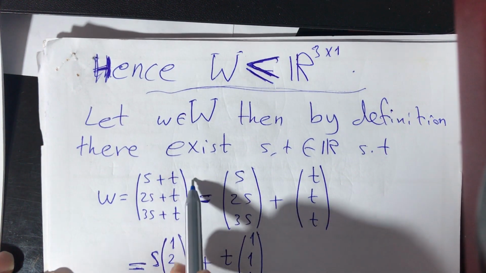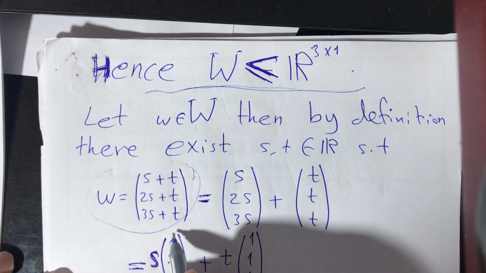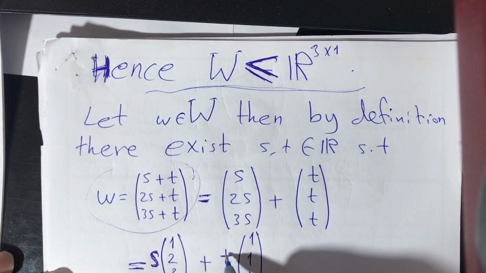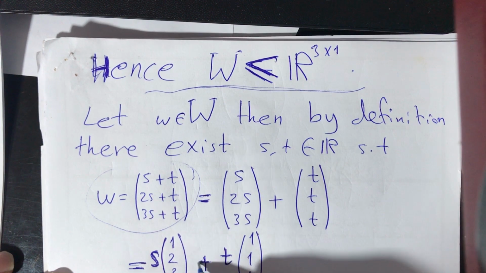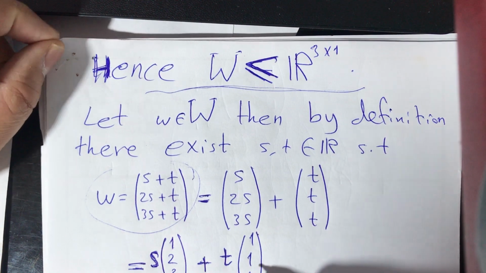So this vector W is equal to S, any real number, times the vector (1, 2, 3), and T is in any one vector.